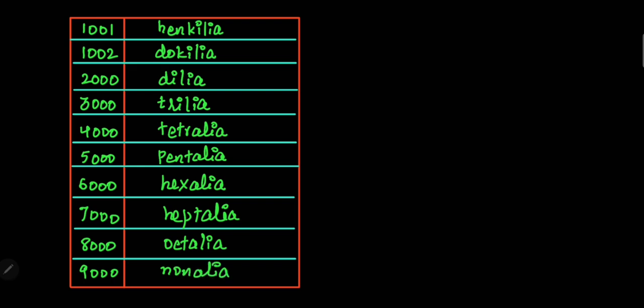For 10,000, naming has not been given. Suppose if I give 2001 or 2010, depending upon the previous nomenclature, we have to give the names. So we can name up to 9999.